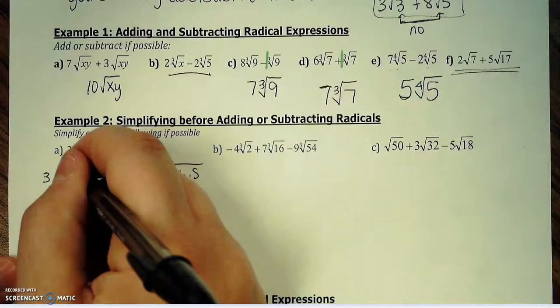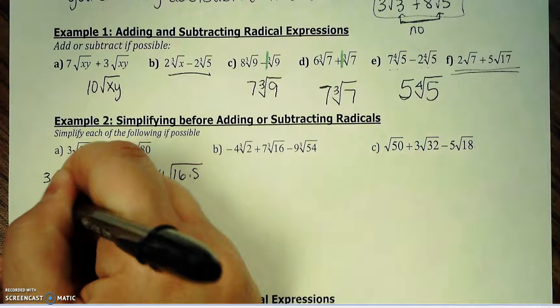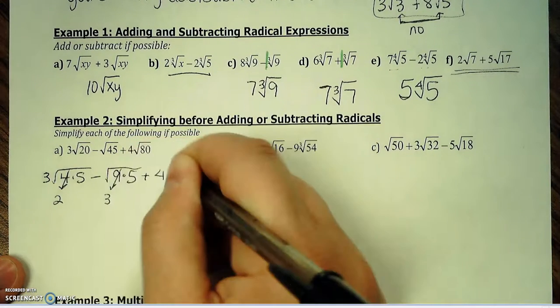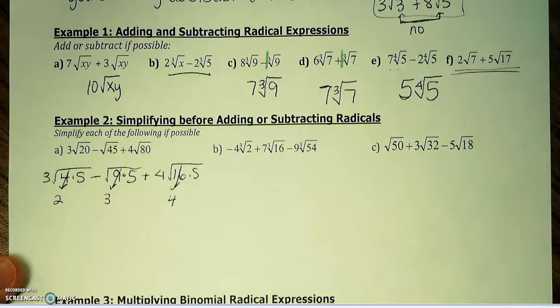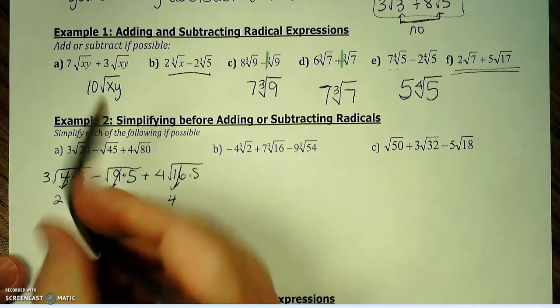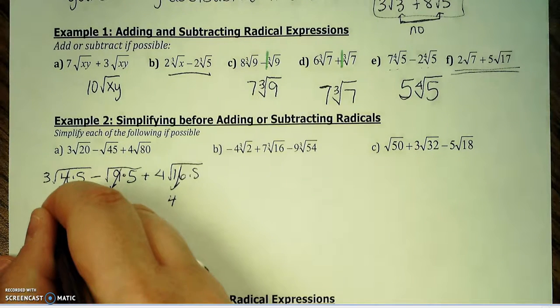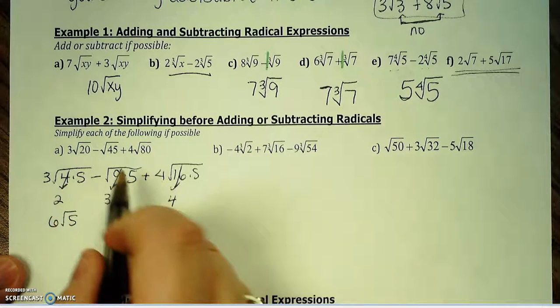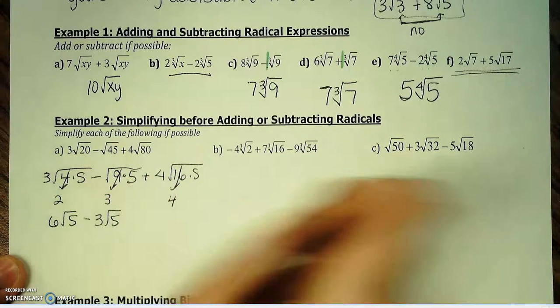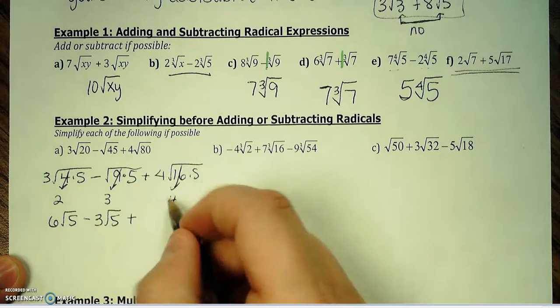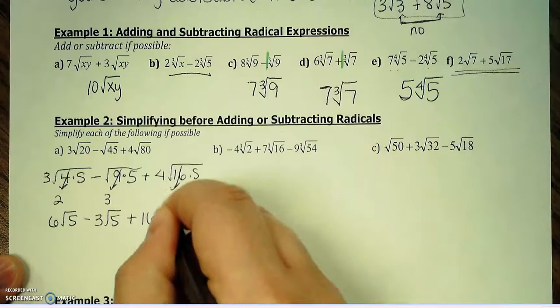If you already have something in front of the radical as you're breaking it down and you pull something else out in front, you multiply those things together. So in this first situation, this first term is really 6 roots of 5. This second term is really 3 roots of 5. And then this third term, 4 times 4, we get 16 roots of 5.